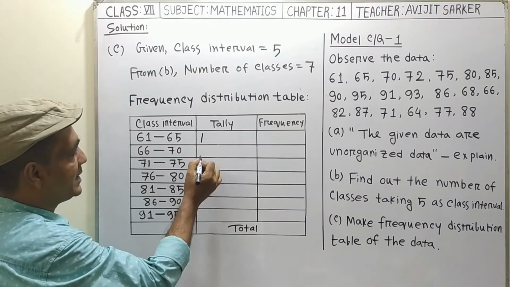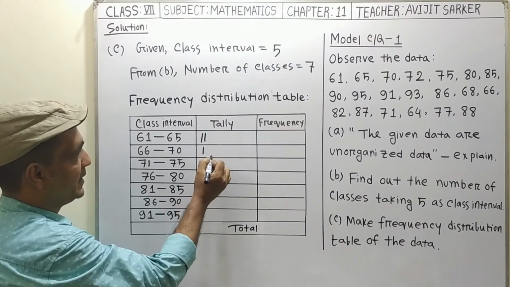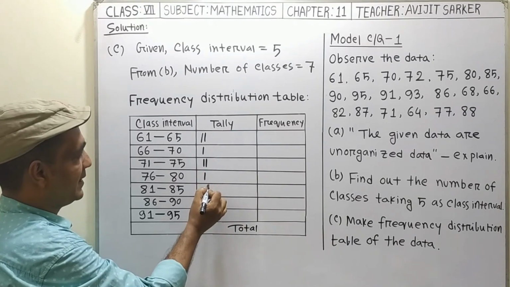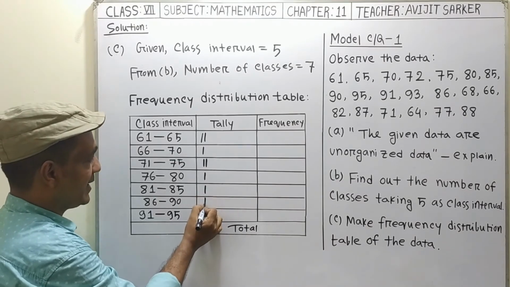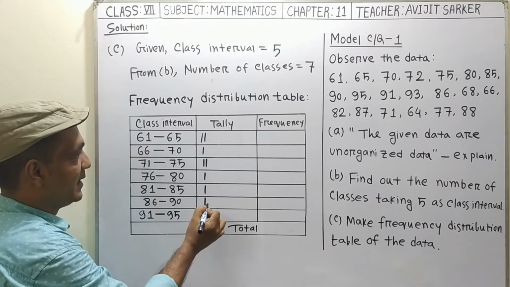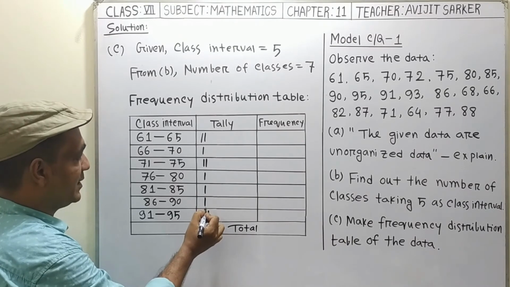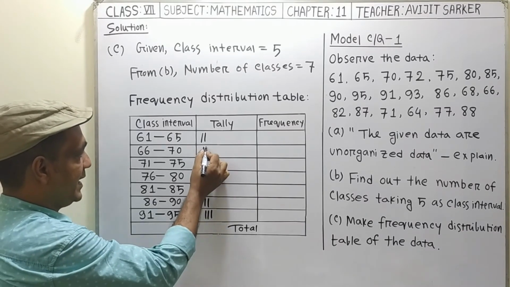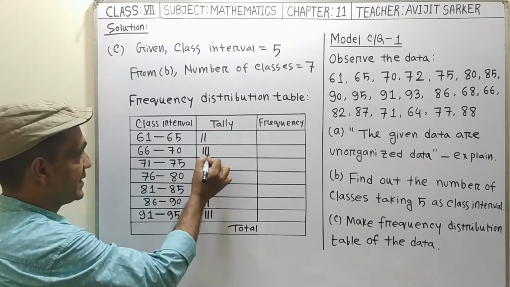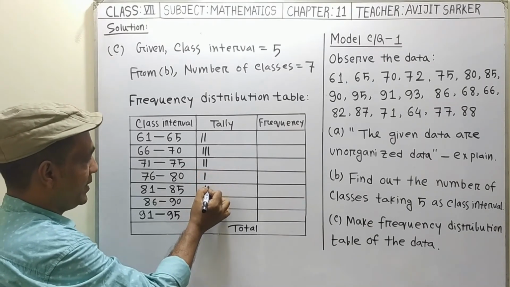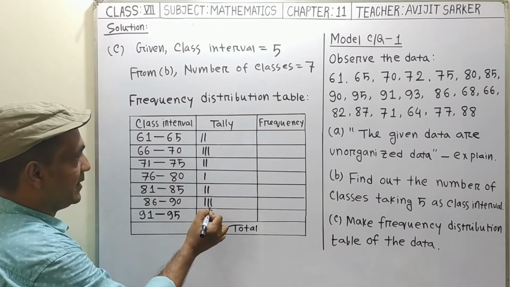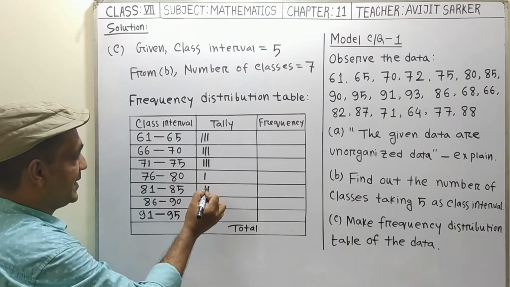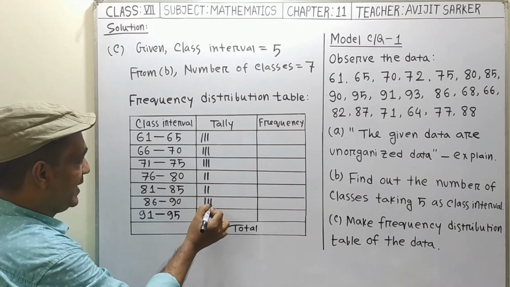So 61, then 65, then 70, then 72, then 75, then 80, then 85, then 90, then 95, then 91, then 93, then 86, then 68, then 66, then 82, then 87, then 71, then 64, then 77, then 88.